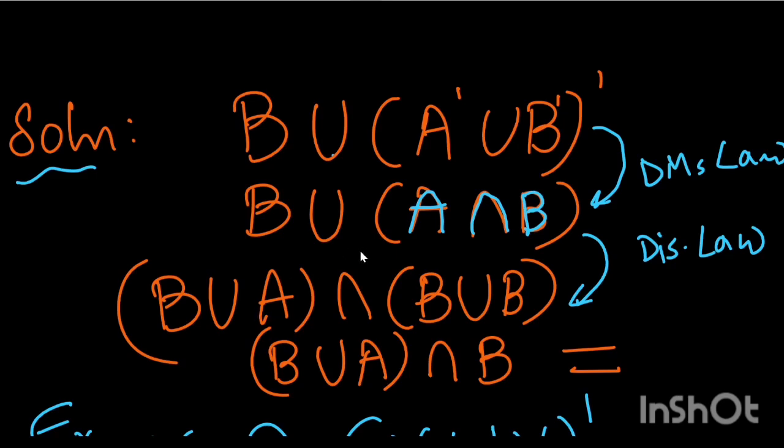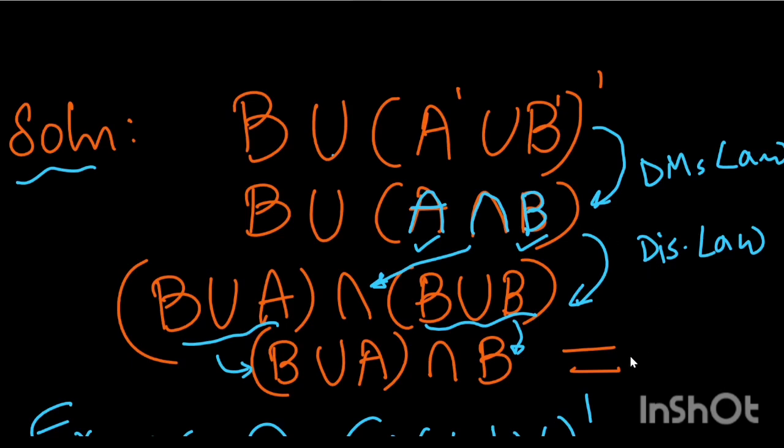So it becomes (B union A) intersection (B union B). Intersection will come in between because this sign is connecting A and B. Now B union B, we know, is B only. B union A is B union A. Now (B union A) intersection B is what, guys?